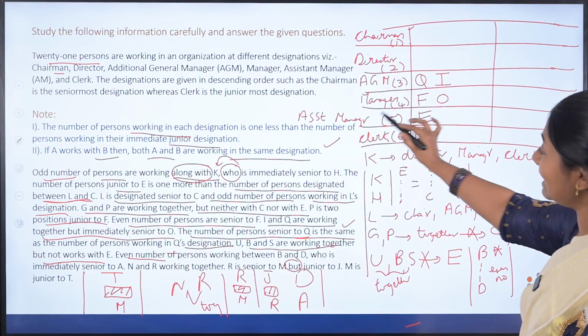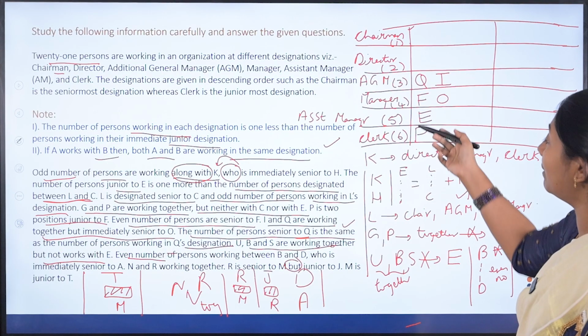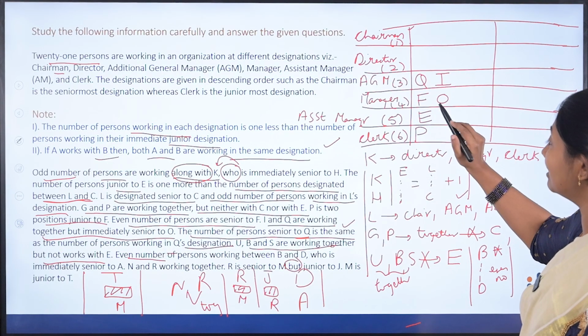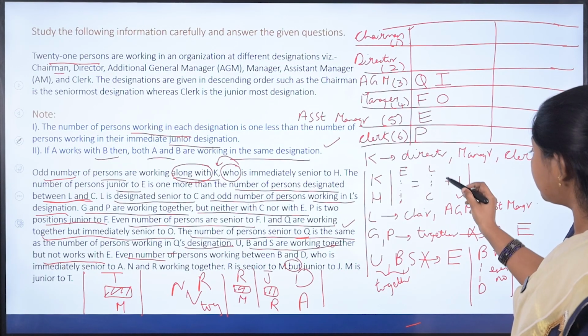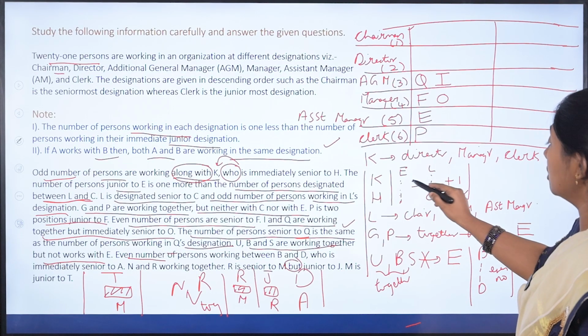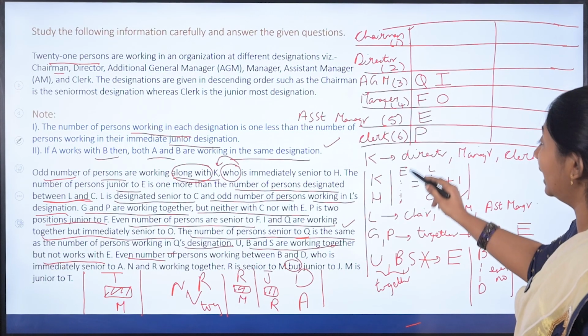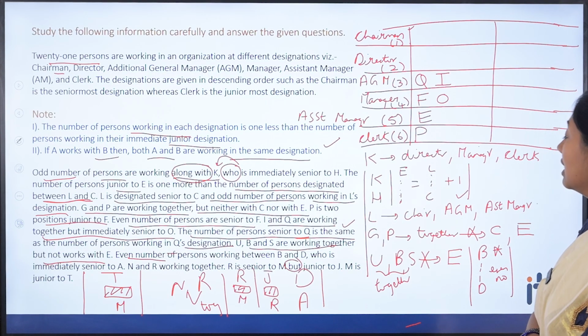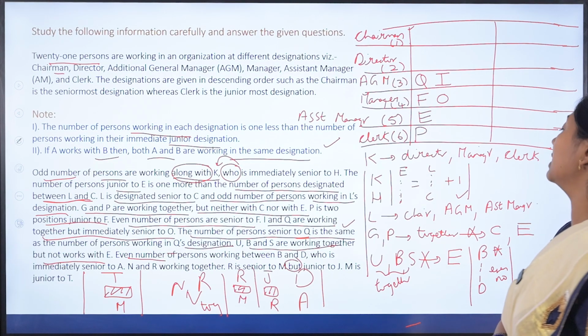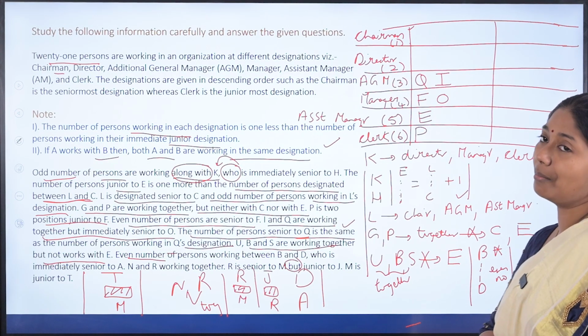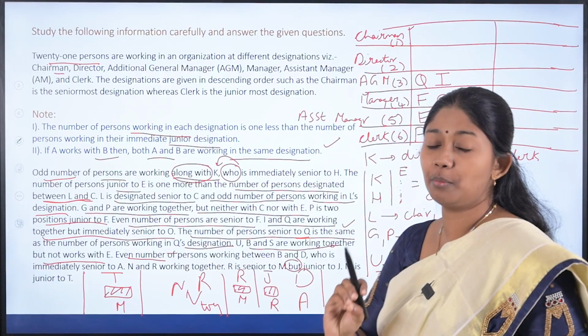So if I place E as an assistant manager, how many persons are junior to E? 6 persons. Junior to E means 6, and this value is one more than the number of persons between L and C. So the number of persons between L and C should be 5.